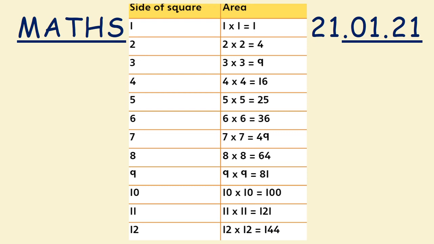If the side of the square is 10, the area is 10 times 10 equals 100. If the side of the square is 11, the area is 11 times 11 equals 121. And if the side of the square is 12, the area will be 12 times 12 equals 144.